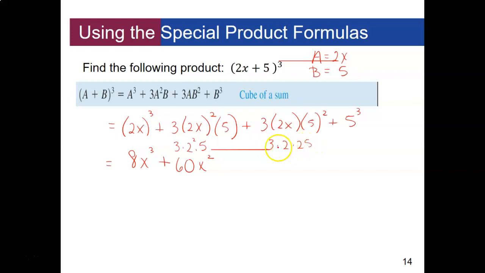So that's going to be 50 times 3 would be 150x. And don't hesitate to use your calculator to simplify some of these. 5 to the 3rd is going to be 125. So our answer we should see here is 8x to the 3rd plus 60x squared plus 150x plus 125.